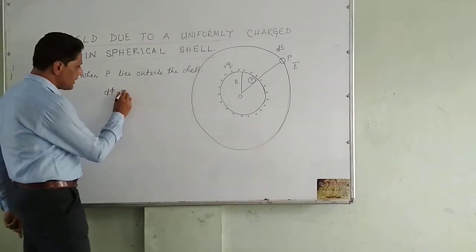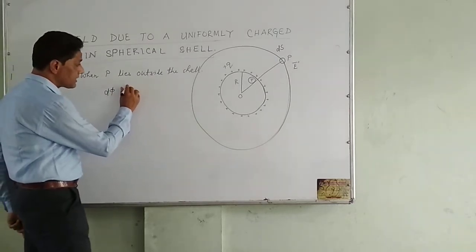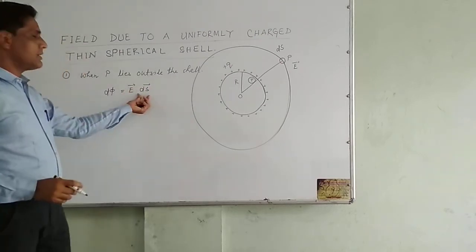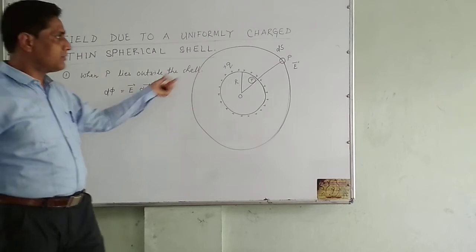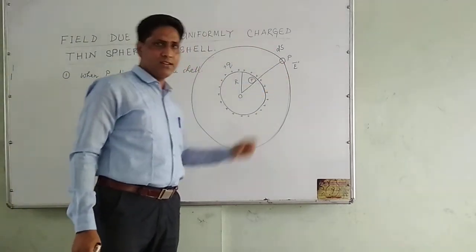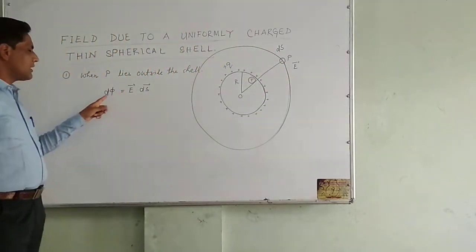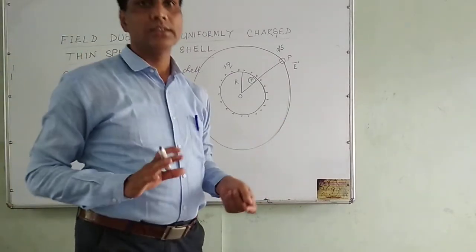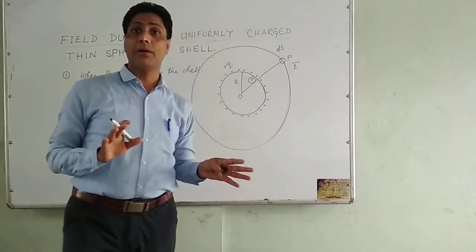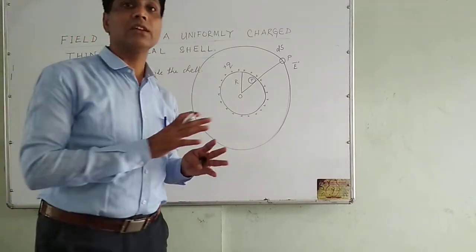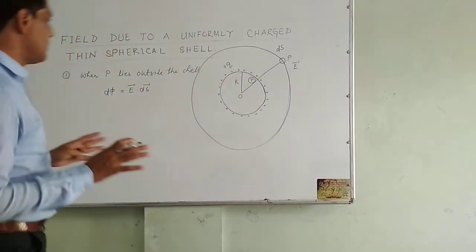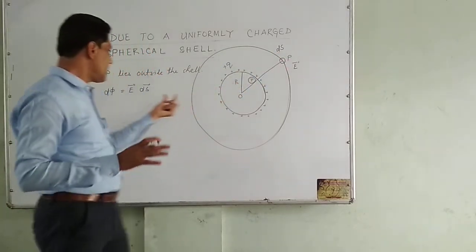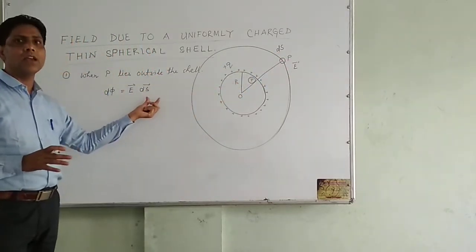The d phi is equal to E dot ds, where ds is the area vector of this small surface element. By definition, electric flux is the number of lines of force passing normally through an area. Here the area of the element is ds, and this is the area vector.